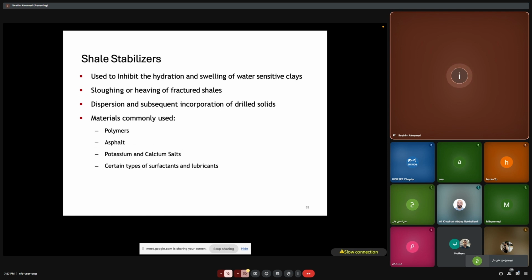So thinners and shale stabilizers are expensive chemicals because they are made in the lab. Shale stabilizers: polyamine, asphalt, potassium and calcium salts. These potassium and calcium salts are salts, but if you use a polyamine, it's an expensive chemical.